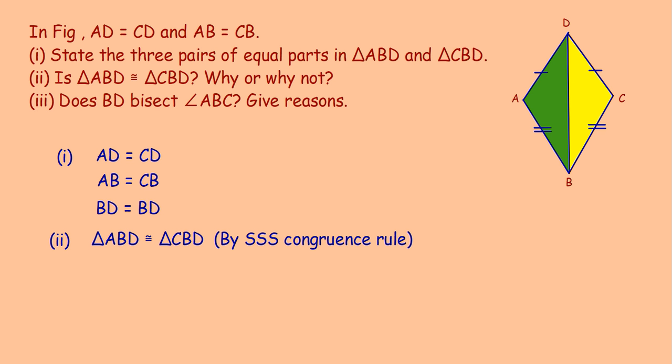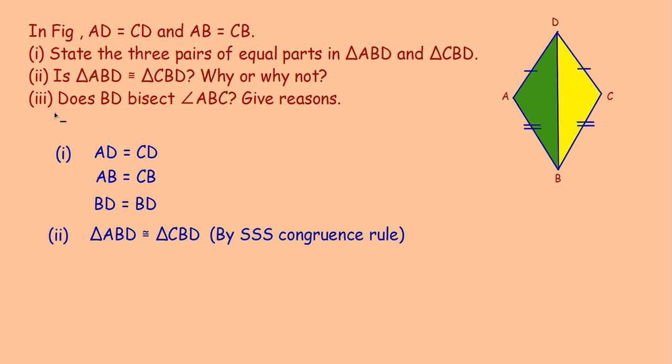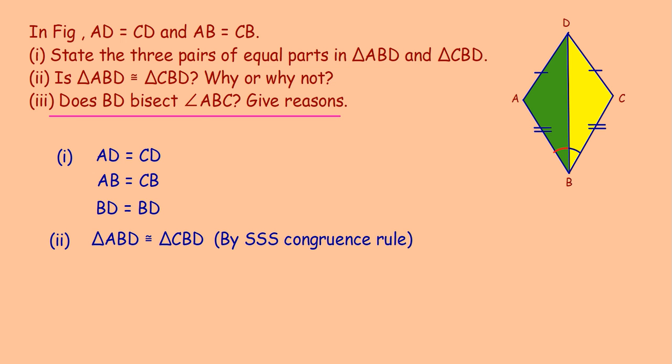Now look at the third part. Does BD bisect angle ABC? Give reasons. You know, if two triangles are congruent, their corresponding angles are equal. That means all the sides and angles will be equal. Here triangle ABD and triangle CBD are congruent.